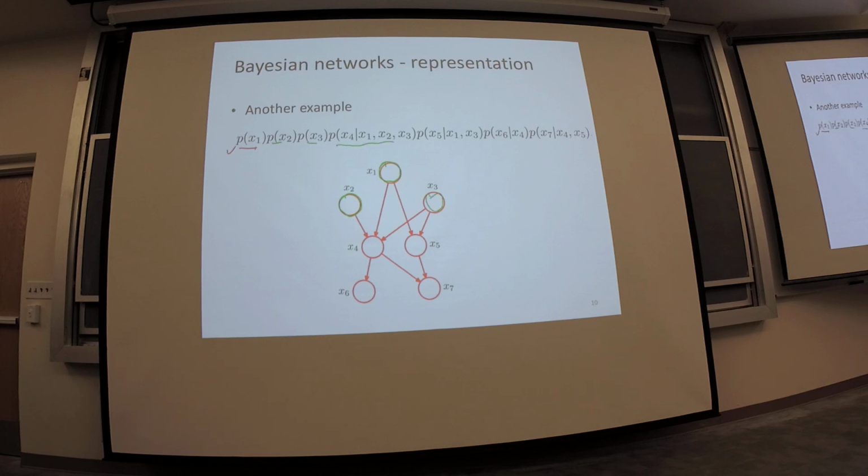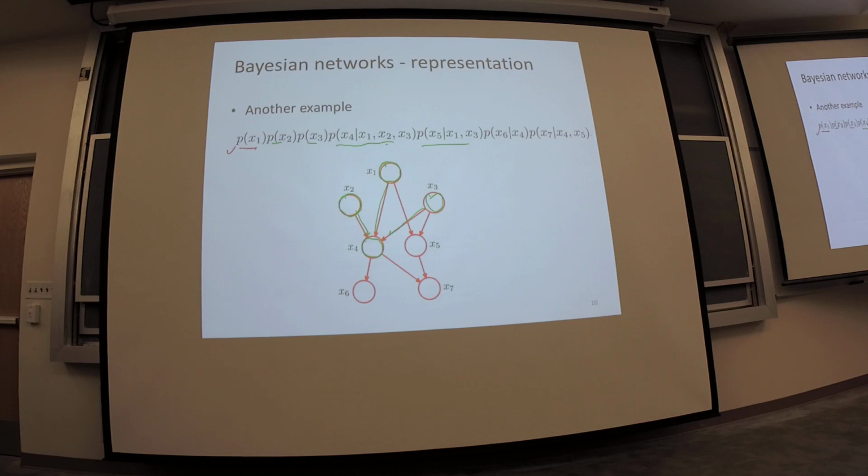The fourth term is P of x4 conditioned on x1 to x3. So x4 has 3 parents, which means for x4, you need to connect each of its parents to x4: x1, x2, and x3. The next term, P of x5 given x1, x3, is conditional on x1 and x3.